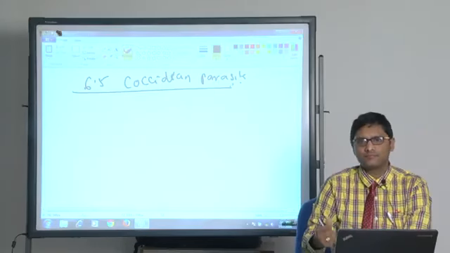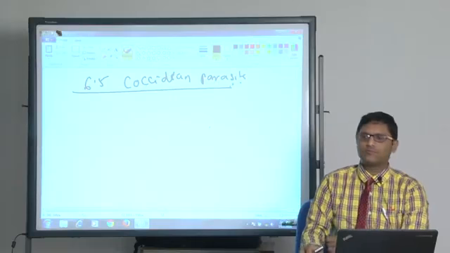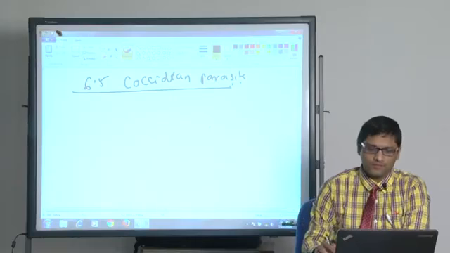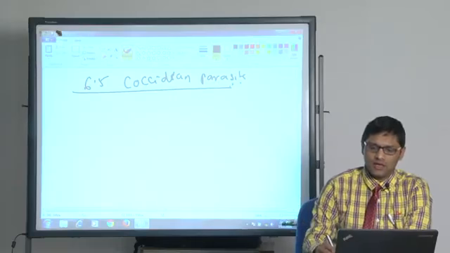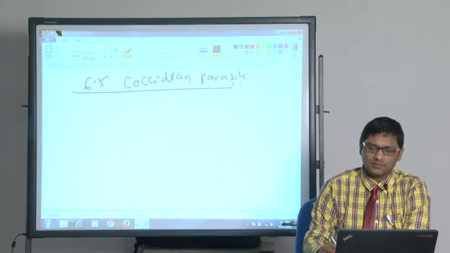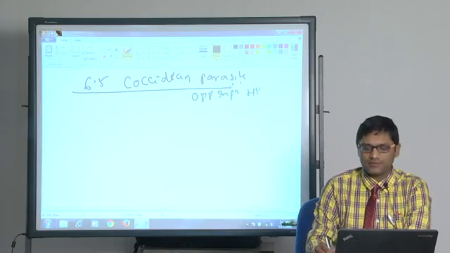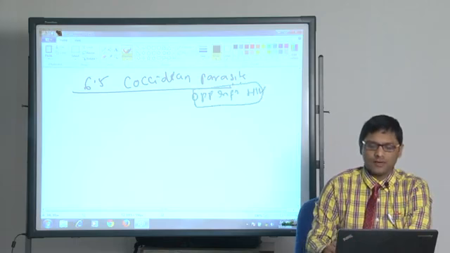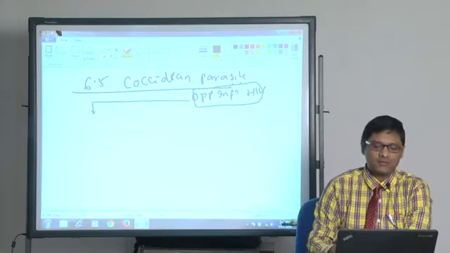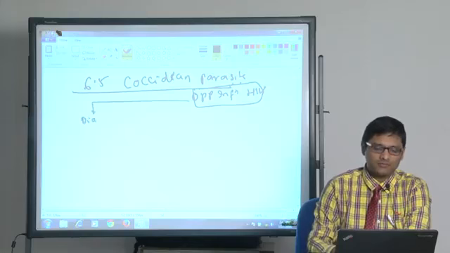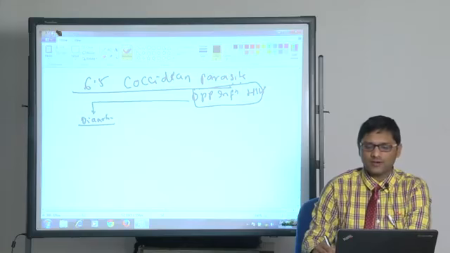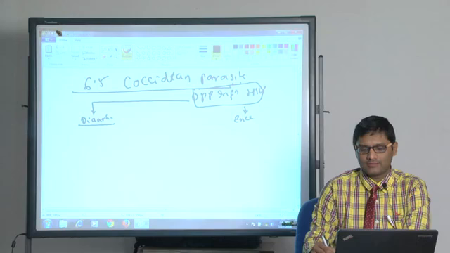Coccidia. There are 4 important members under this, and all these members are known to produce opportunistic infection in HIV individuals. Among these, 3 members cause opportunistic diarrhea, whereas one causes opportunistic encephalitis.